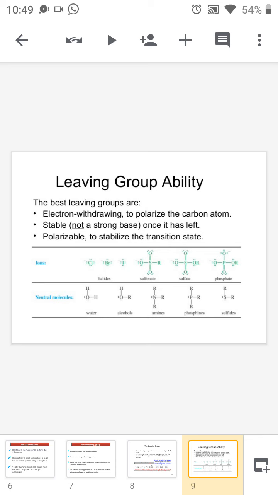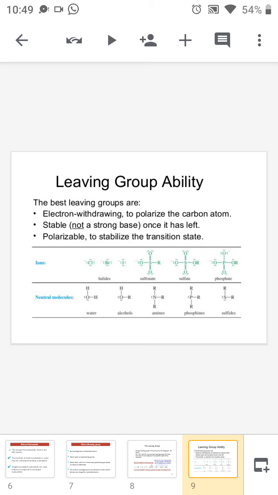So in conclusion, the substrate order favored for the SN1 reaction is tertiary, secondary, primary, whereas for SN2 the reverse is the order: primary, secondary, tertiary. In the case of the solvent, SN2 reaction favors polar aprotic solvent and SN1 favors polar protic solvent.